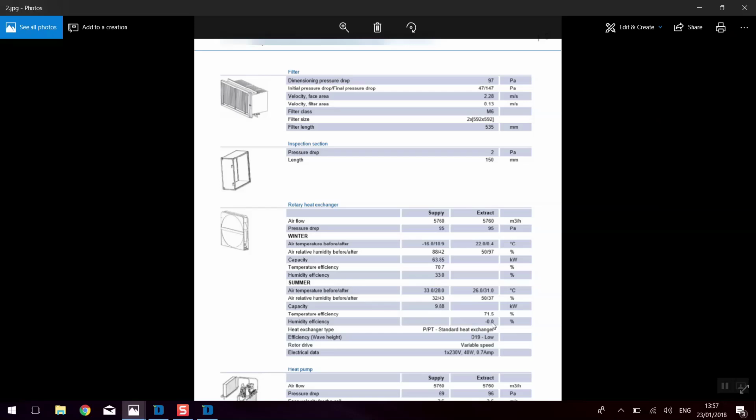It is only probably condensation type, or maybe a hygroscopic type. Just for your information, in our selection software all our units use only sorption type wheels, where we can recover humidity in both winter and summer mode.